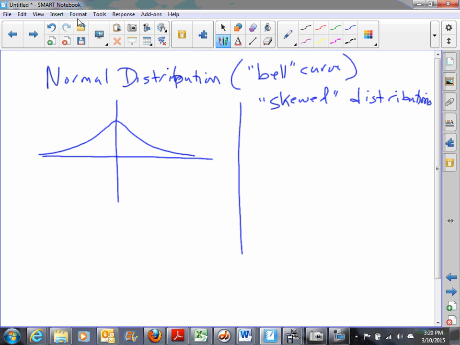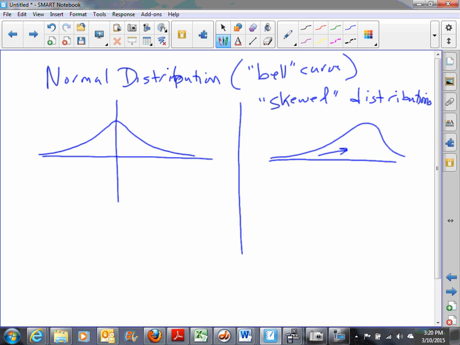See, there's the normal distribution. Now, a distribution that is skewed to the right would look more like this. In other words, can you notice how the middle of the graph is kind of shoved to the right a little bit? There's more data to the right of the mean because it's kind of all gathered up over there.